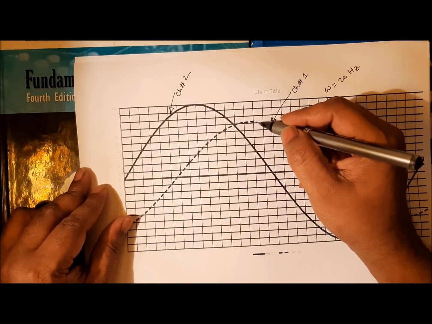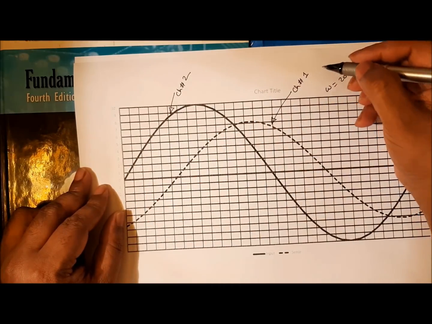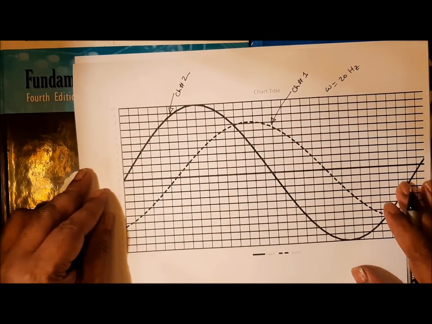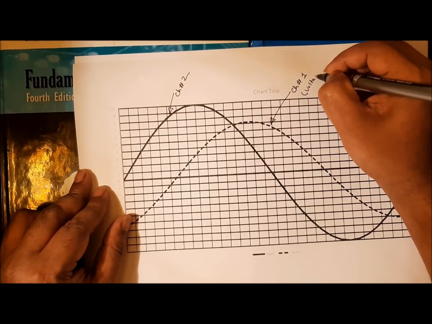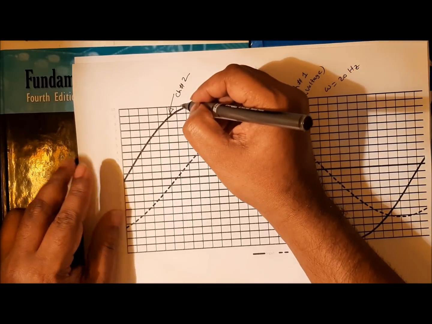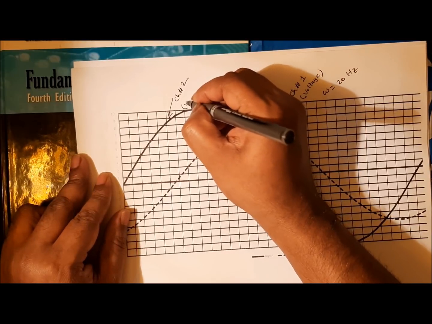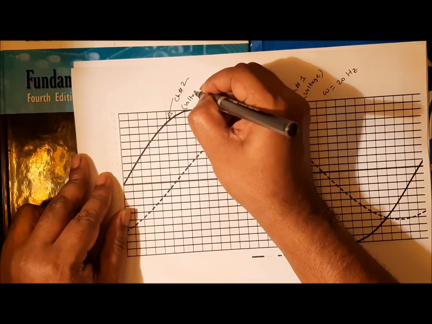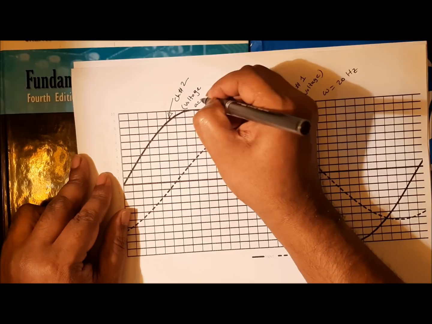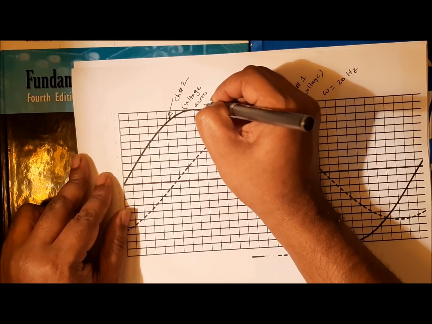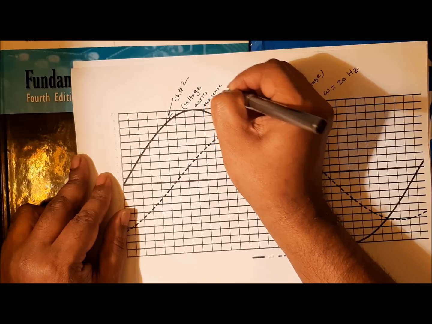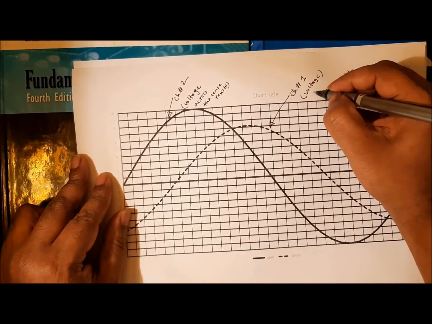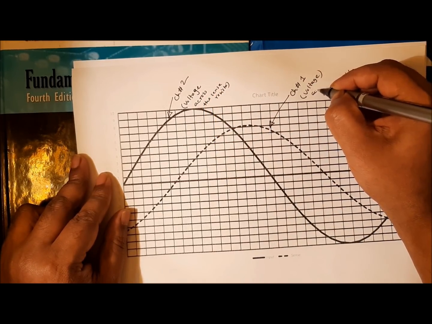This is channel 1 and channel 2. Here channel 1 is basically the voltage across the source, and channel 2 is basically the voltage across the sense resistor.